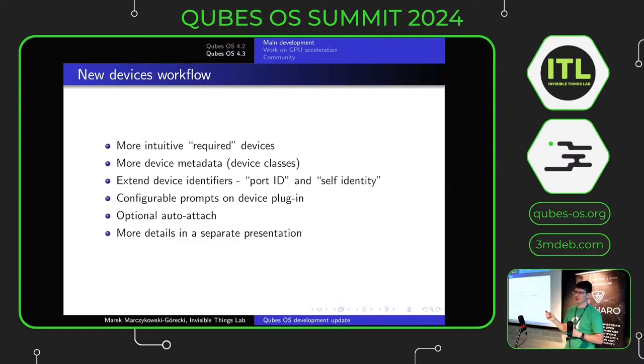One is the device port ID, which is where the device was connected, to which place, and the other is self-identity, which is more like what this device claims to be.